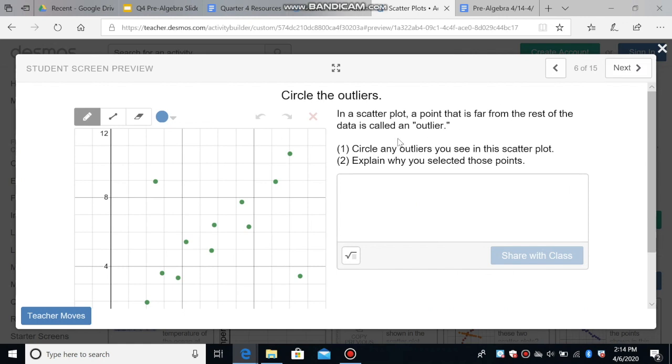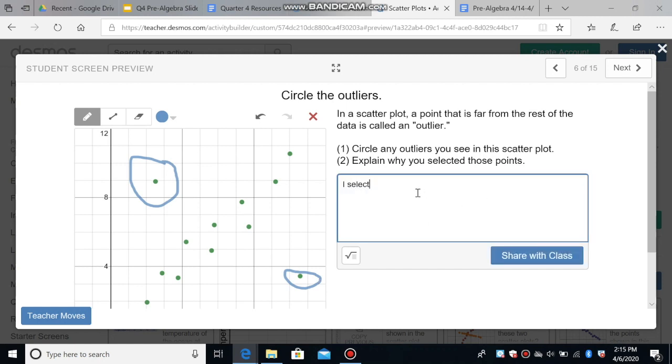In the scatter plot, a point that is far away from the rest of the data is called an outlier. Circle any outliers you see in the scatter plot, and then explain why you selected those. You should have selected these two points. I selected these because the definition of an outlier is that it's far away from the rest.